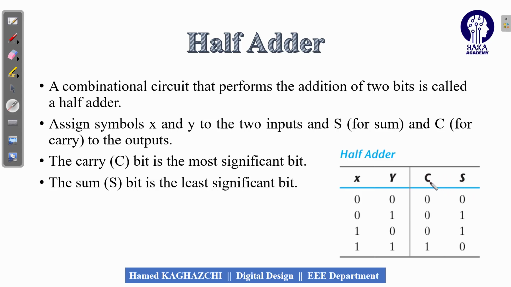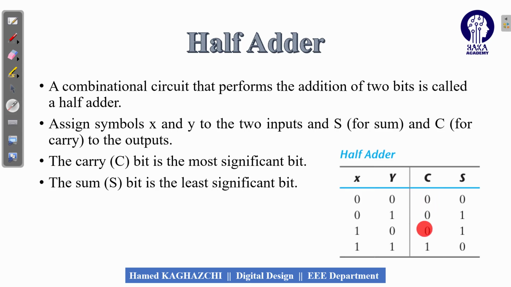You can see that we have two outputs, C and S. Using the K-map you can do it, but if you look at the column of C and the column of S, you can see that C is the output of the AND gate.